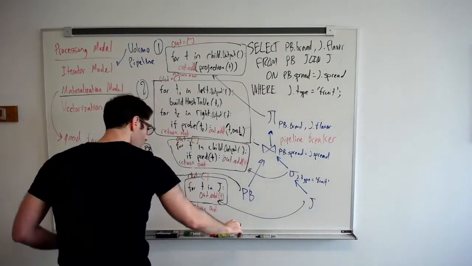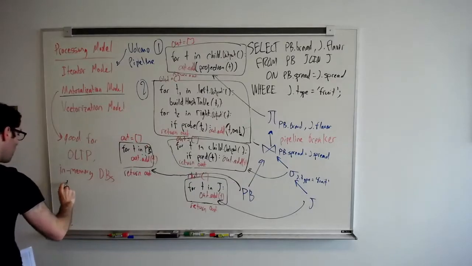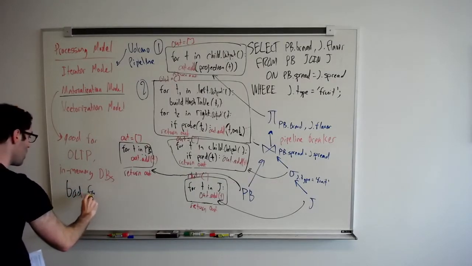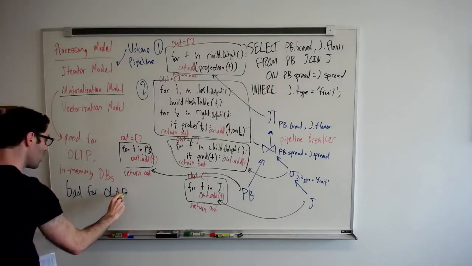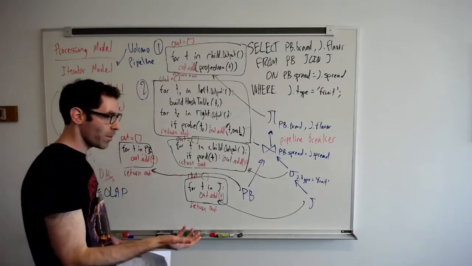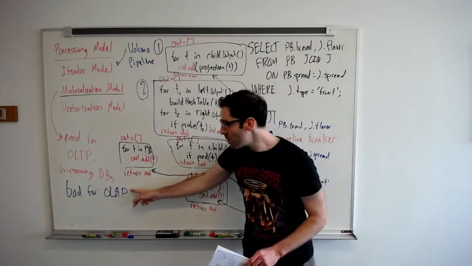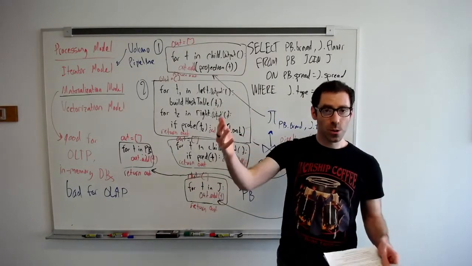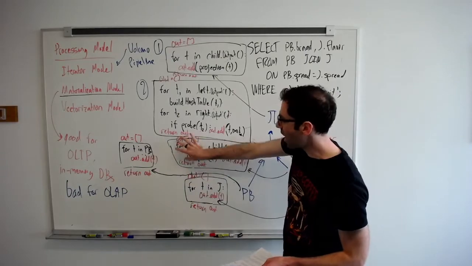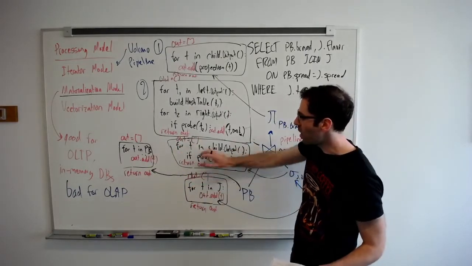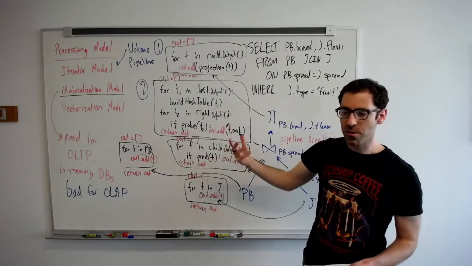This is going to be bad for our OLAP workloads, our online analytical processing, because these tend to be queries that look at a large number of tuples, which means these output buffers are going to fill up with large amounts of data.